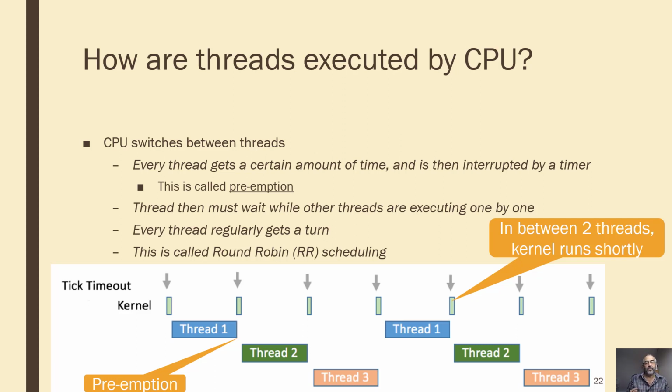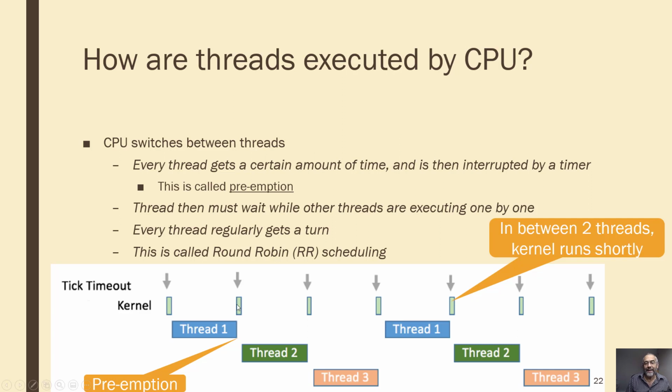And the values of the variables of thread 2, they have to be restored before thread 2 can continue. So this switching, that is meant with these kernel blocks. There's a short amount of time that the kernel, the RTOS itself, has to run, change some things in the processor, and then thread 2 can continue.